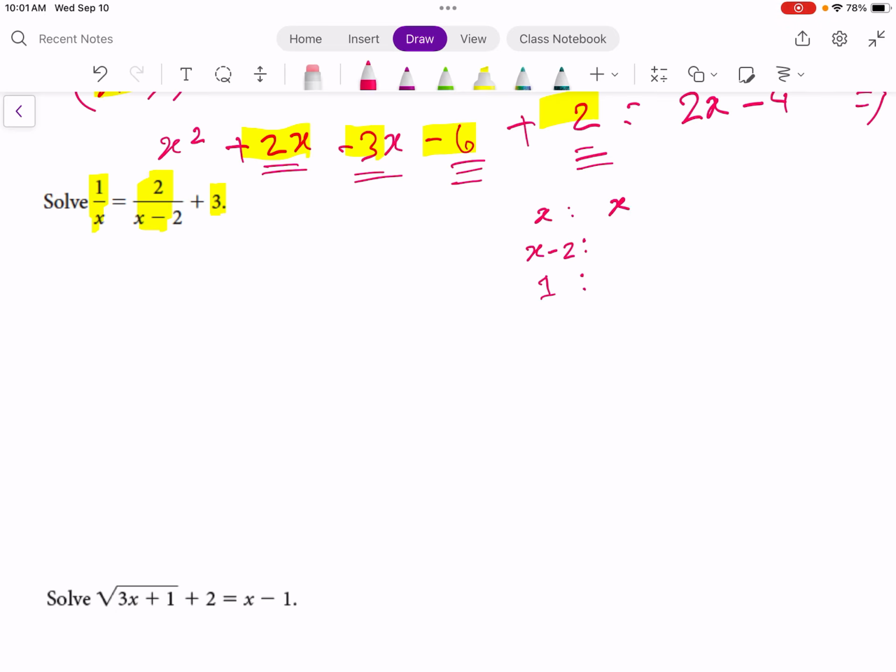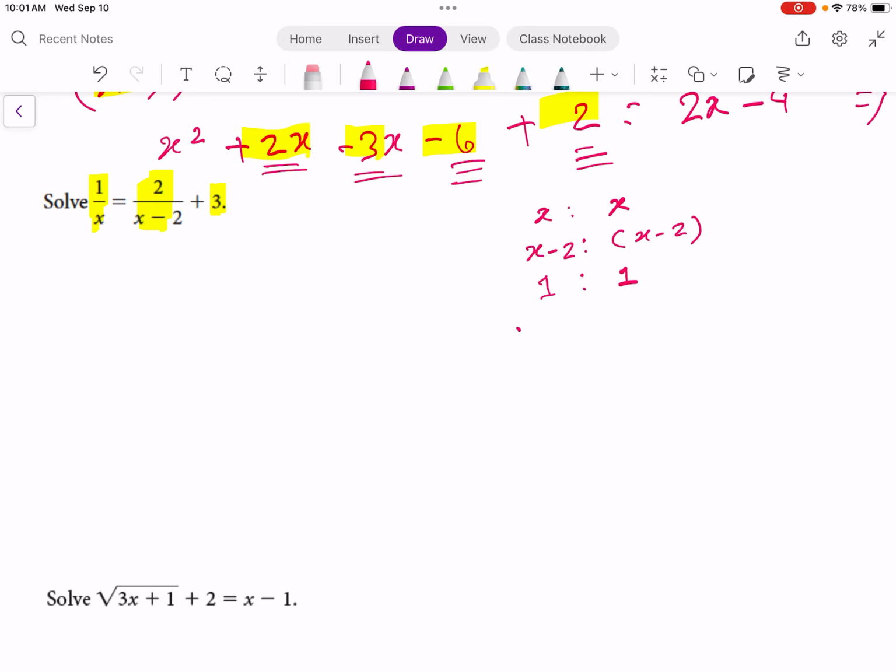This is also in the simplest form, right? The degree of x is 1. If you see degree of x is 1, then it's always in the simplest form. If you have a power of 2, 3 or 4, then you have to try to factorize. So x minus 2 is also in simplest form, and we take it as one factor. And 1 is a factor of itself.